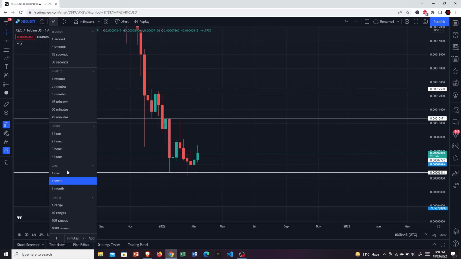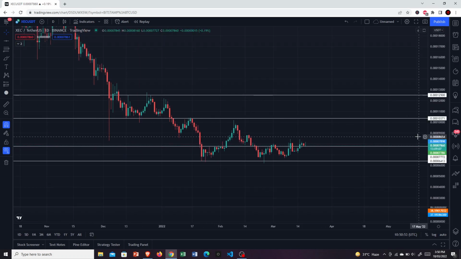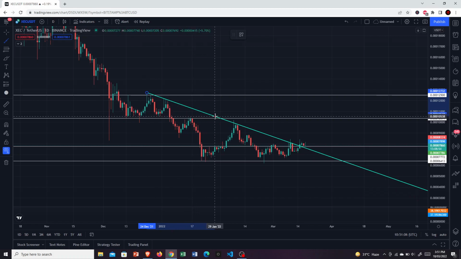Now I'm going to shift to the daily time frame chart and see what's going on. And already after shifting to the daily time frame, I can identify a trend over here, and I'll turn off my magnet tool now, and I'll draw a trend line over here like this.